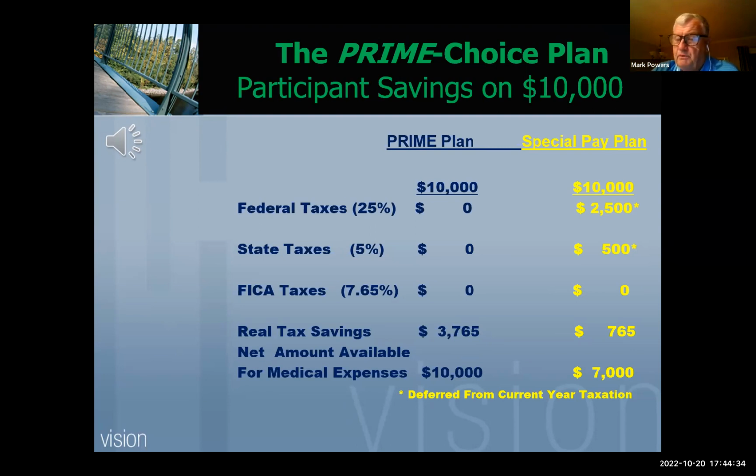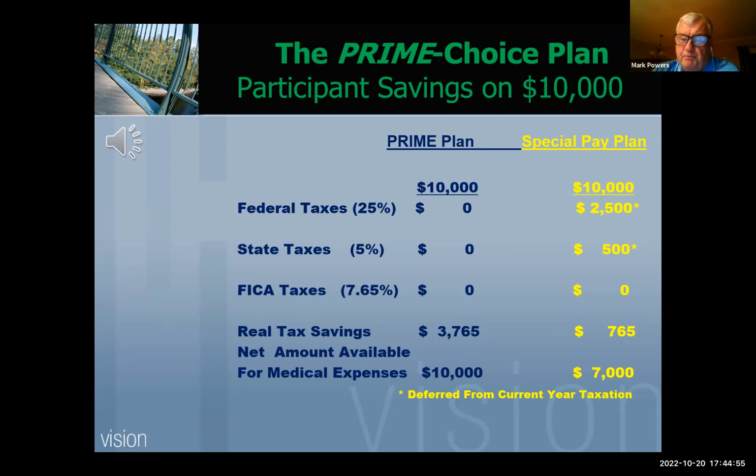By having this money going to a special pay 403B plan, you're going to save 7.65%. So you do have savings of $765 versus having a payout paid directly to you. Now, for the person who needs money for post-retirement health care, their funds are directed to the Prime plan, in blue on the left.